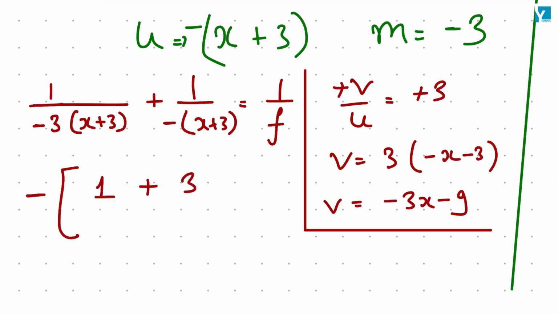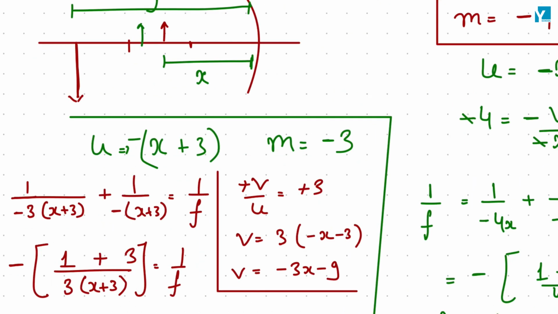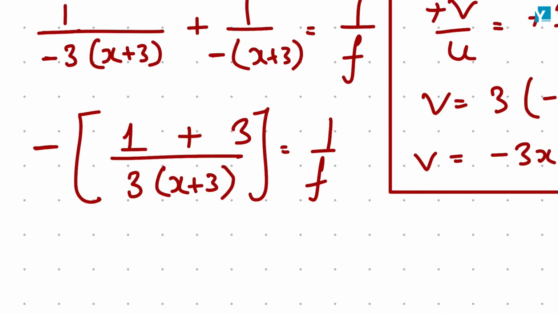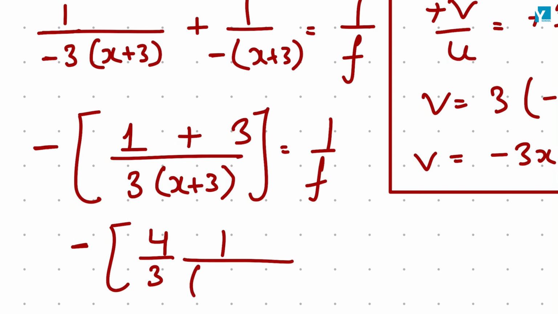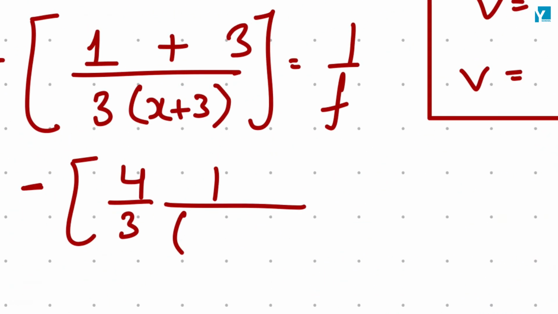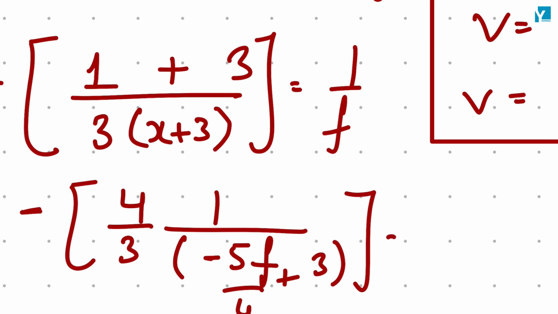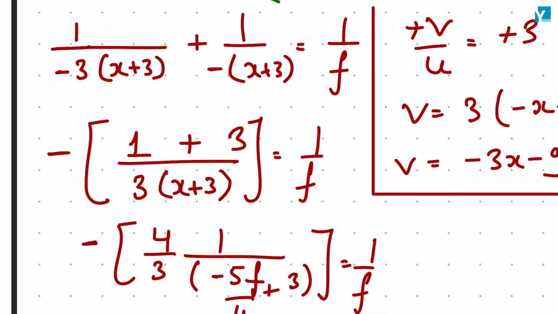Let's make this a common base, and this will give us 4 upon 3 of x plus 3, in this fashion, 1 by f. I'll put the value of x in this, and we'll get negative of 4 upon 3 into x, what is x? X is equal to minus 5f by 4. So we'll have to put minus of 5f by 4 plus 3, and then we'll have to solve this large equation.